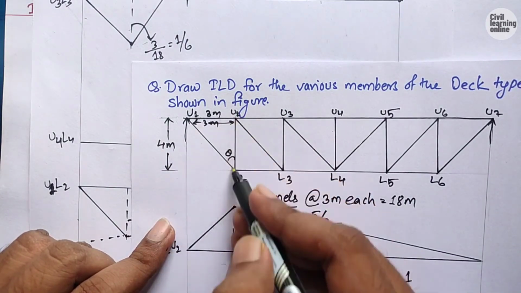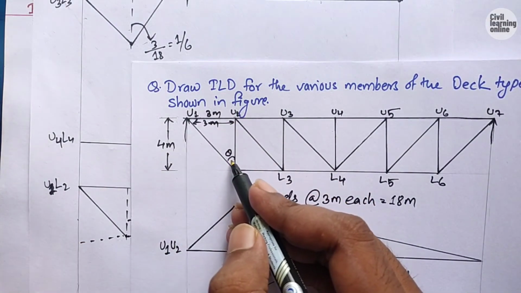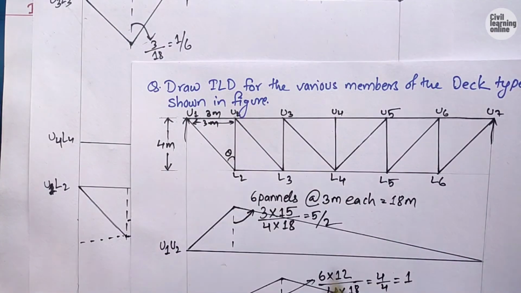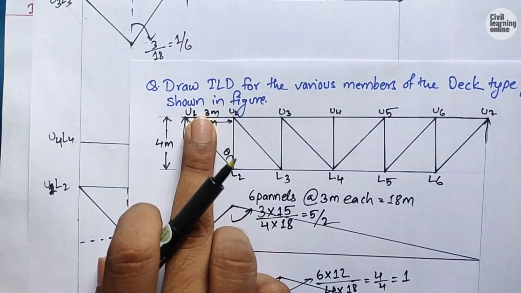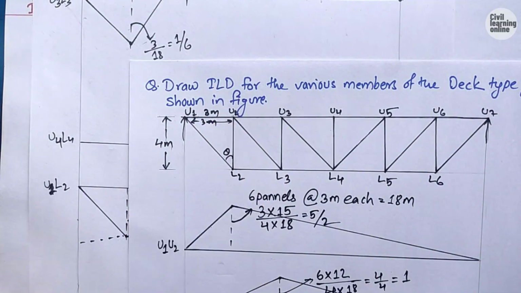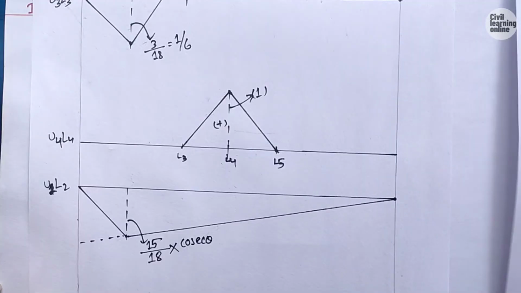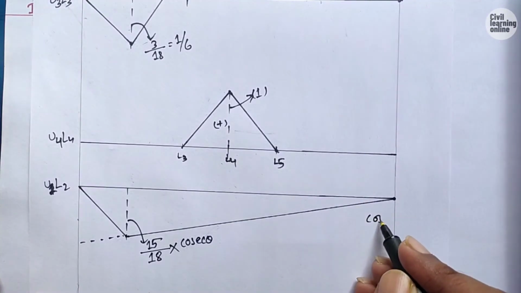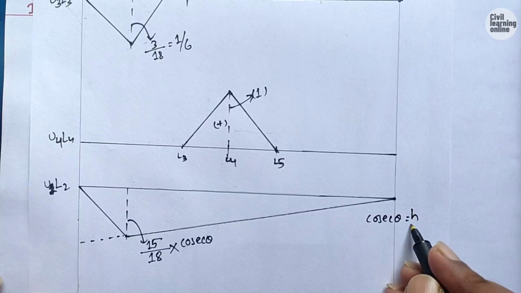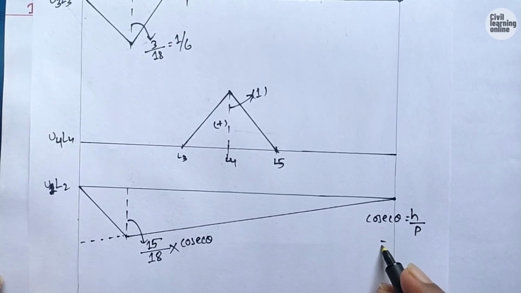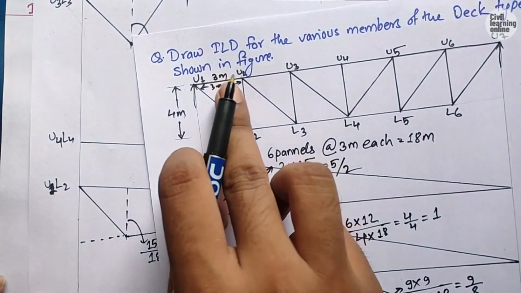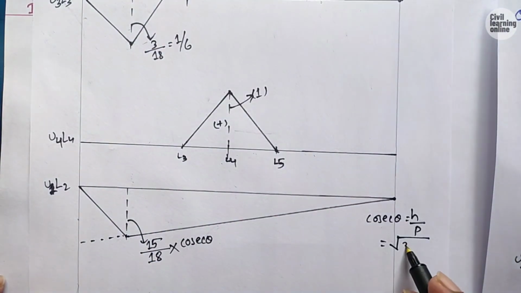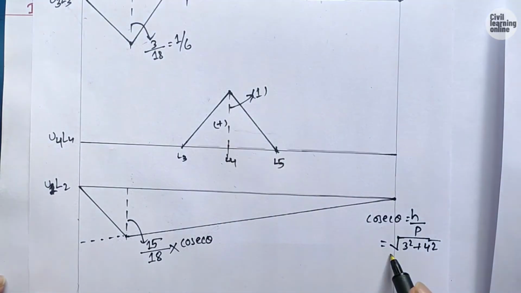We can easily calculate the value of cosec theta, which is root under 3 square plus 4 square divided by 4, because cosec theta equals h upon p, and h is the base square plus perpendicular square.